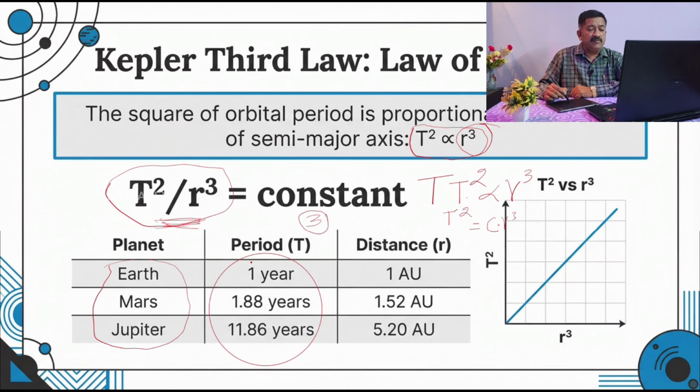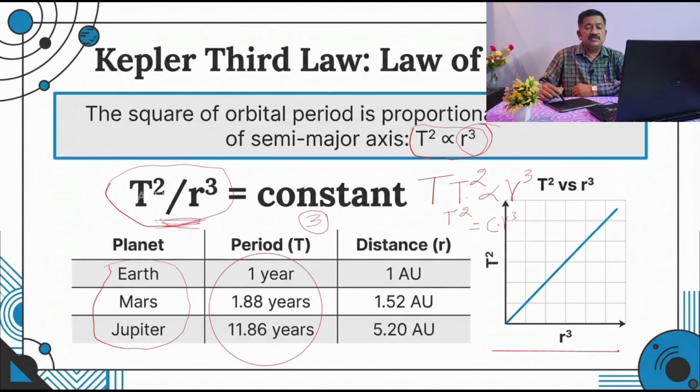So for that they have given the period. For Earth it is taken as 1 year. Mercury is less than 1 year, Mars 1.88 and Jupiter 11.86 years. So the last planet has more time period, that is, it is moving with a longer semi-major and semi-minor axis.